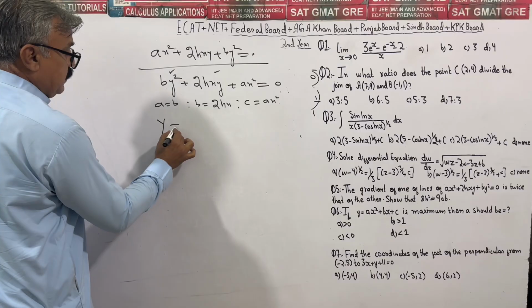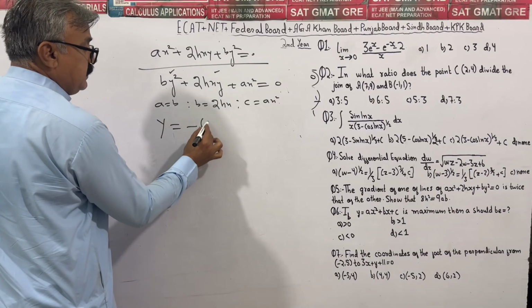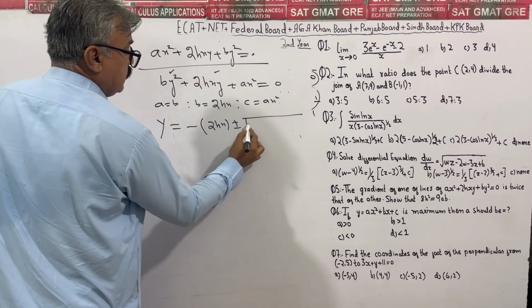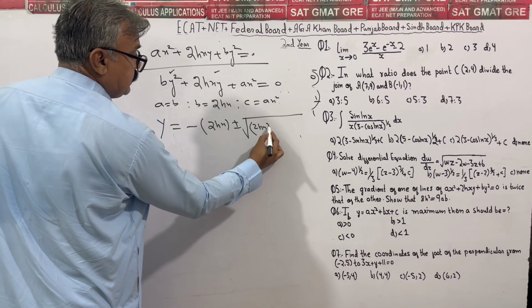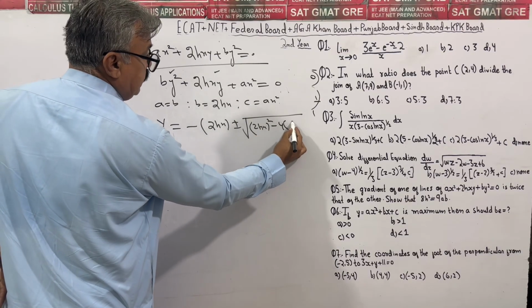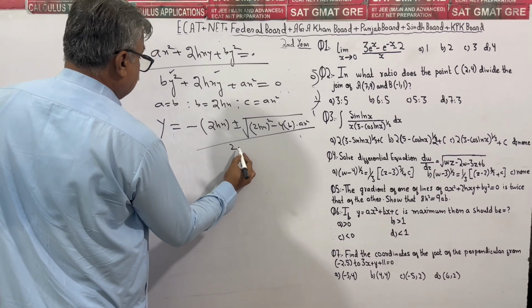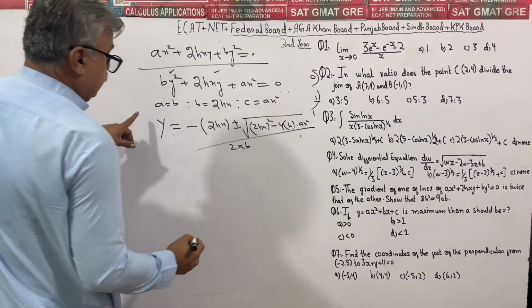So y is equal to minus b means 2hx plus minus b square means 2hx square, 4 times a means b, c means ax square. Overall 2a, value of a is b in that case.